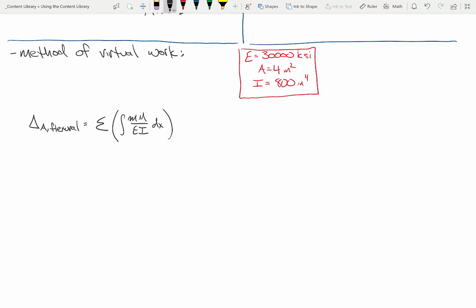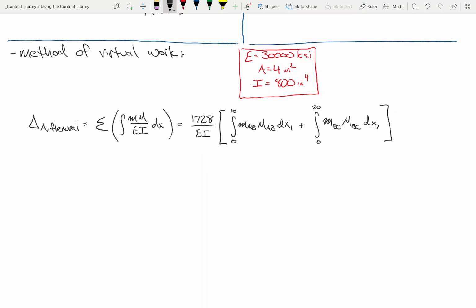So, just to write it sort of formally, I'm going to factor out the EI and make sure I include my 1728.